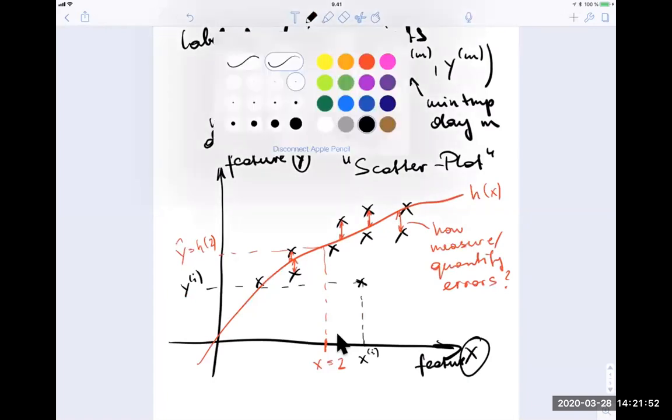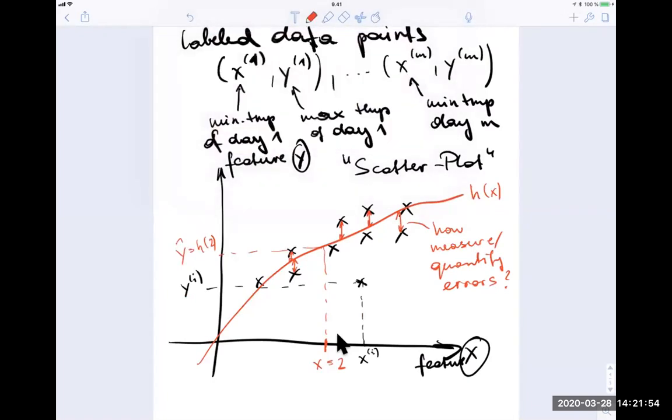And if we apply the predictor for this data point, what we do is evaluate the function for this feature xi, and we get the prediction here, which is y hat i. So this is the predicted label of the ith data point. And this prediction is based solely on the feature xi, nothing else.